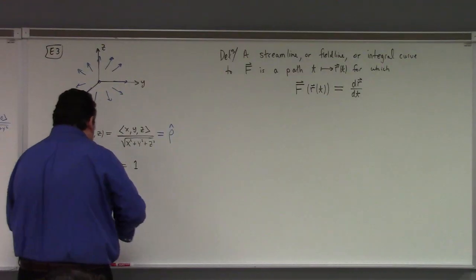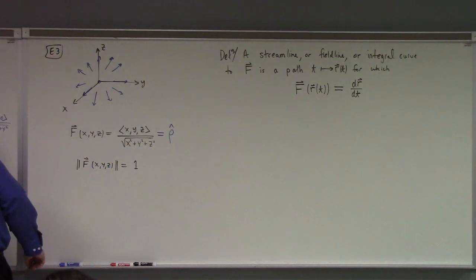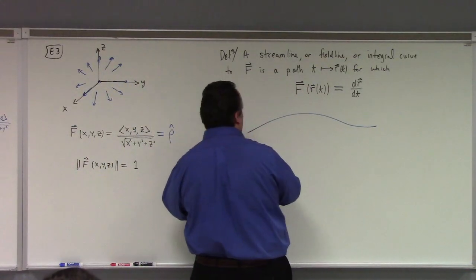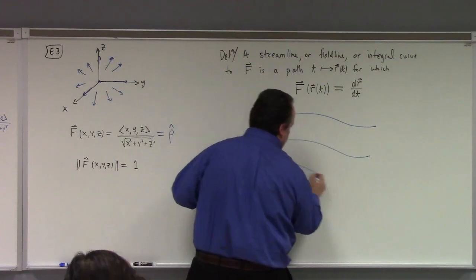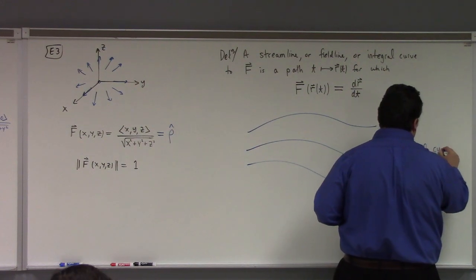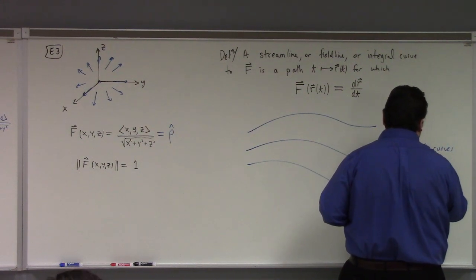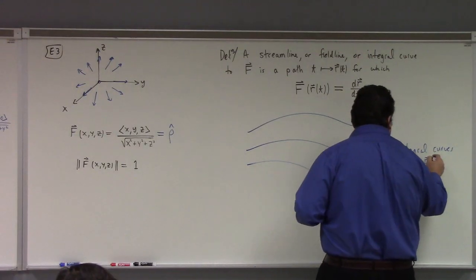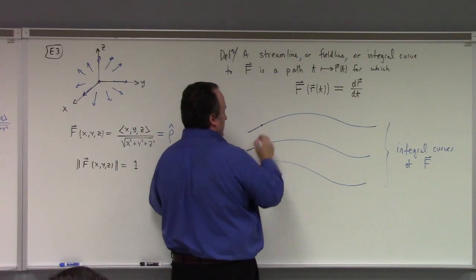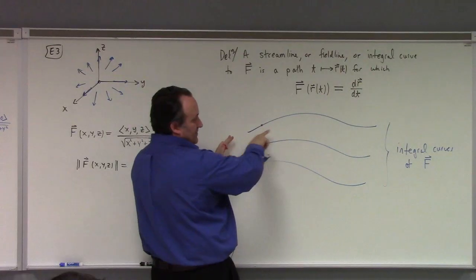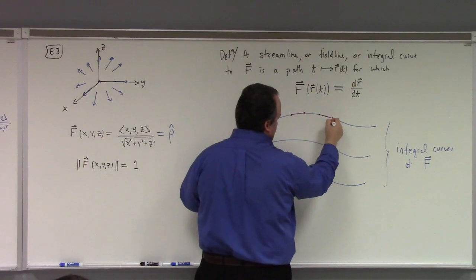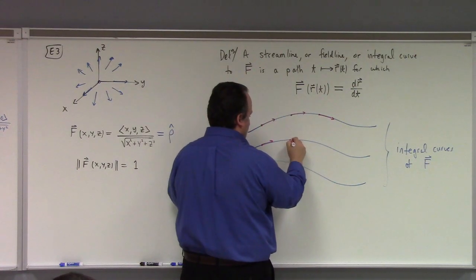Let me draw a picture of what I'm talking about there. So if these were integral curves of the vector field, then what that means is that if we look at any point, the tangent direction to this line is the vector field in question.